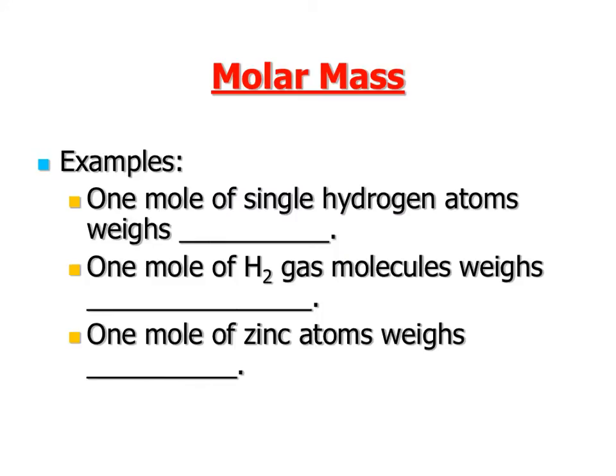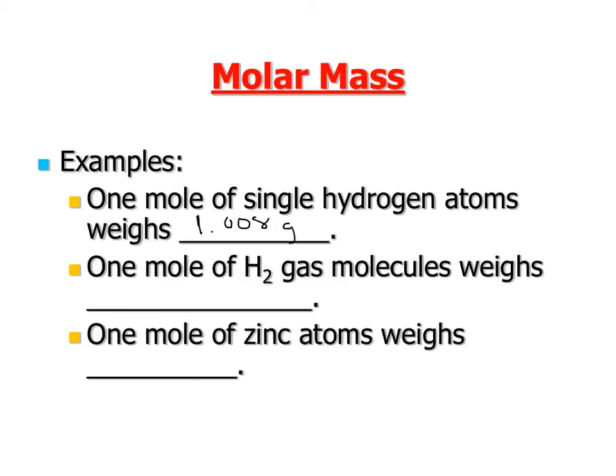Alright, so let's work with this a little bit. According to our periodic table, what does 1 mole of single hydrogen atoms weigh? Alright, so that's where you go look at your periodic table. It says 1.008, so we're going to say 1.008 grams. Now hydrogen really doesn't exist by itself unless it's attached to something.